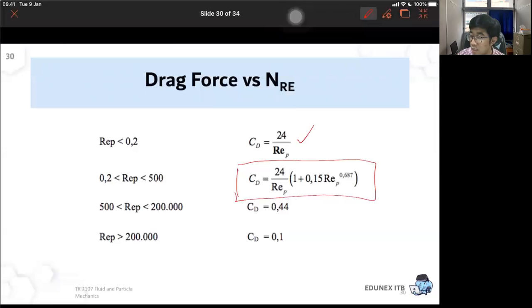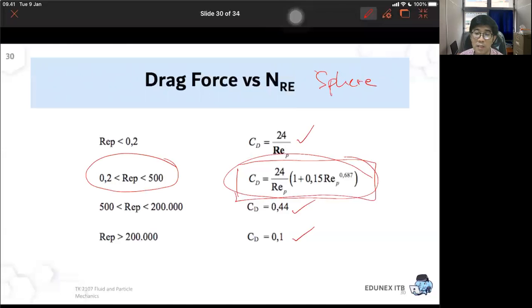Above 500 and less than 200,000, this one, only for sphere. And for above 200,000 it is this one. But if it falls between these ranges, you need to calculate, which means you need to do the iteration.